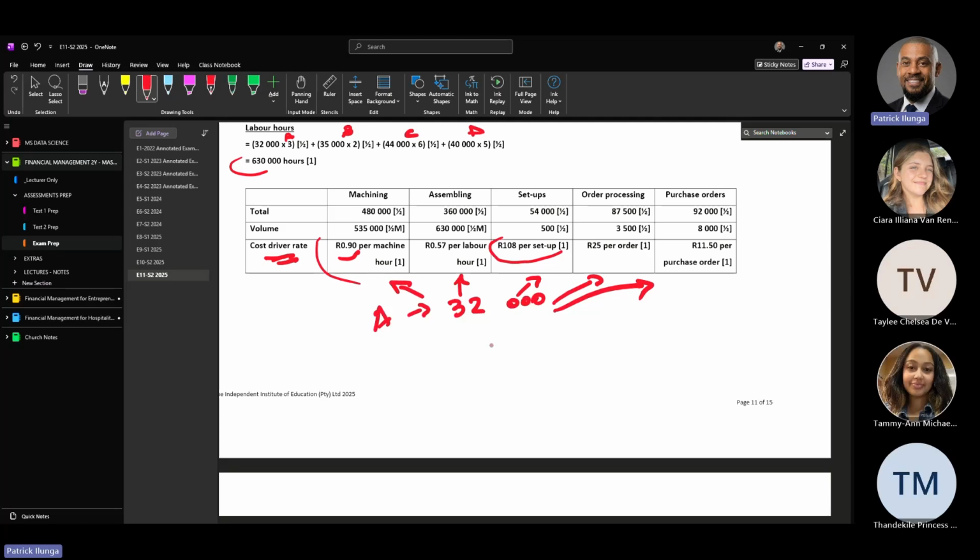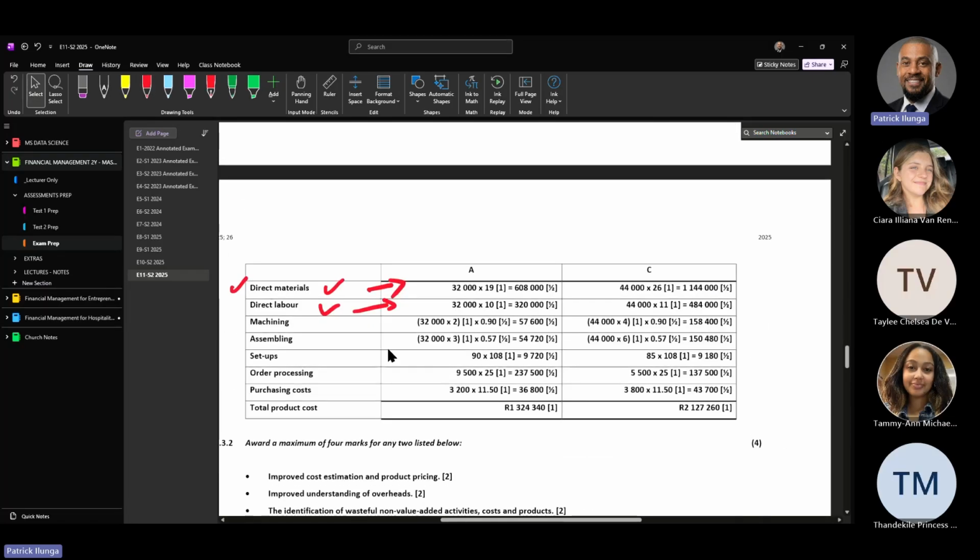And once you have all of them, you just add them up together. All right? And a table is meant for that. You are not to be writing it down. Do a table. A table is quick. A table makes you able to structure everything in one place and not to miss something.